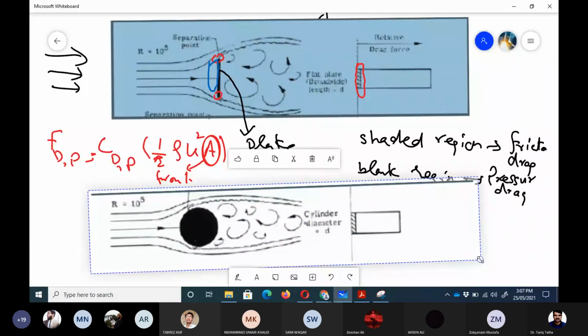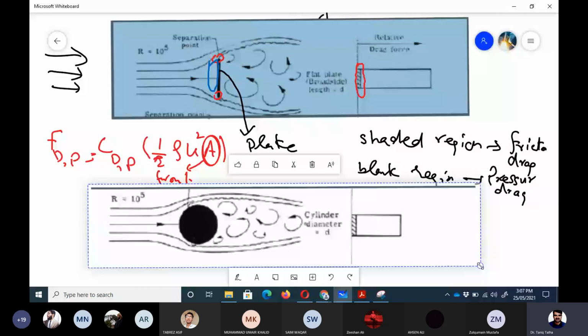Okay. Now this is the second figure, which is a semi-blunt body. So we are now talking about a semi-blunt body. Reynolds number is the same, but we have a semi-blunt body, which is a circular cylinder or sphere in this case.